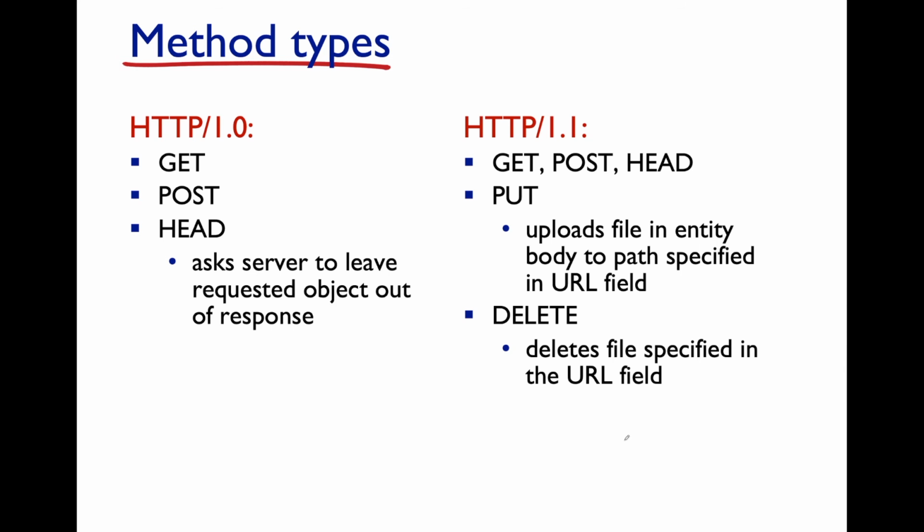Outside of PUT and DELETE, HTTP 1.1 supports everything that's also in HTTP 1.0. So when they went from 1.0 to 1.1, they added this ability to upload files as well as to delete. Now, as the person that deploys the web server, you do not have to support certain methods. You can say, I'm not going to do it.